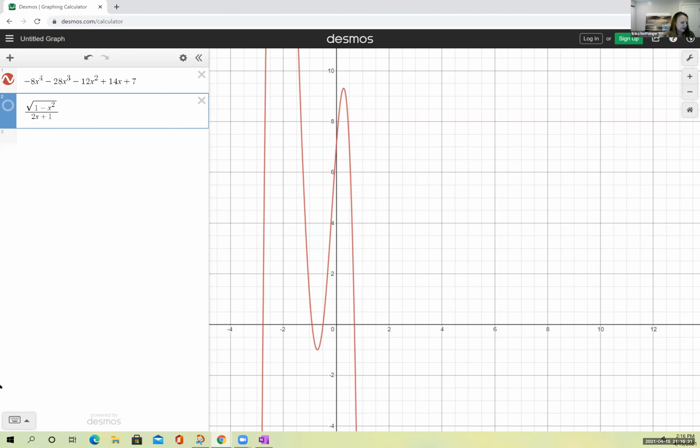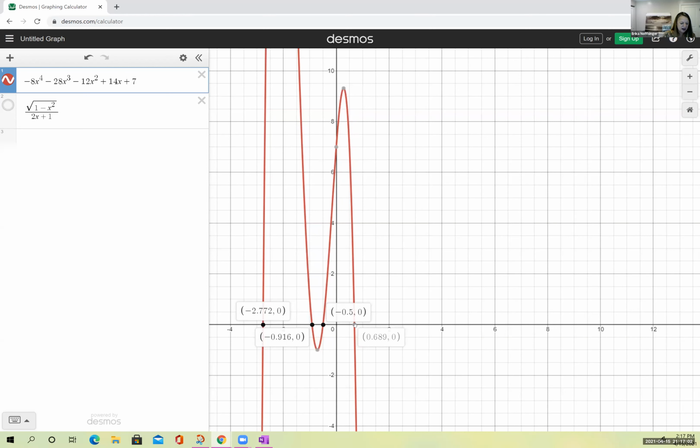Okay, so first thing I did was I pulled up Desmos and I looked at when our numerator was equal to 0. And so looking at the graph of the numerator, I can find that it's equal to 0 when x is negative 2.7. Well, that's outside of our domain, so we don't have to worry about it. Also, when x is negative 0.916, when x is negative 0.5, that's where our vertical asymptote was, so we didn't want to worry about that.